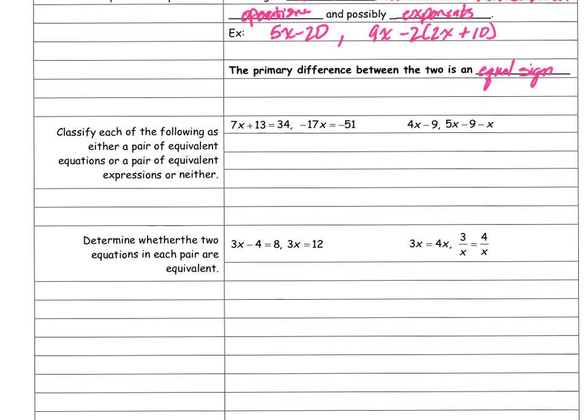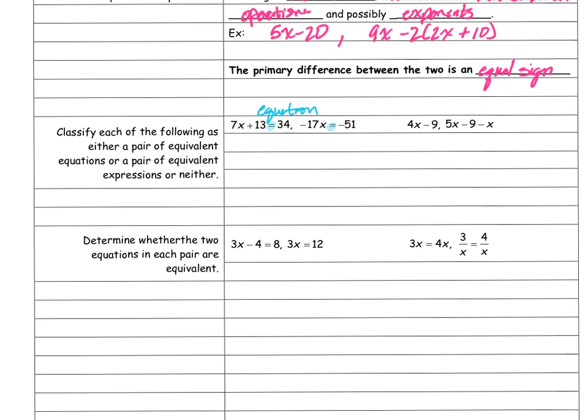The first one has equal signs, so this is an equation. Now we just need to know if it's equivalent or not, because if it's not equivalent, I would have to say it's neither. So we have to make sure that it is equivalent. I know that's a lot of equivalence in there.